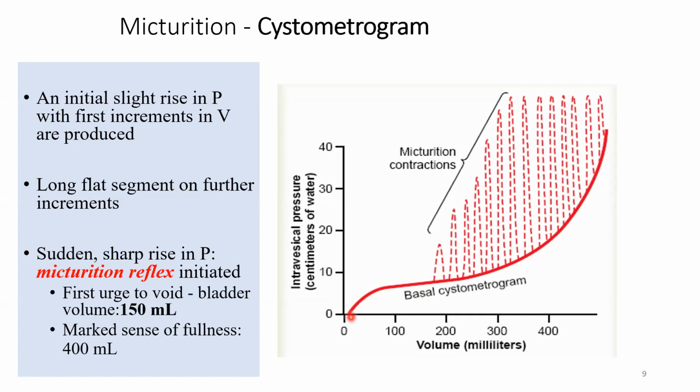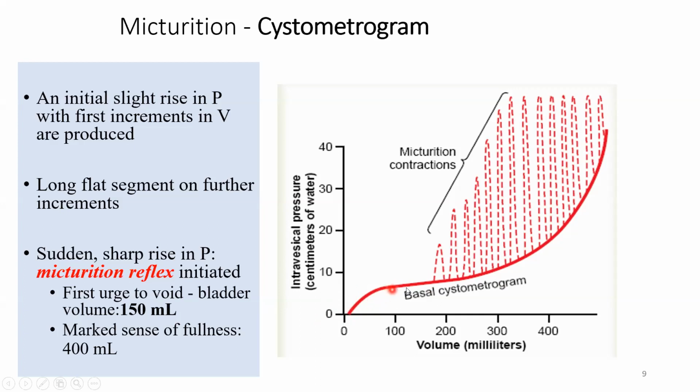So if you observe, you will see that there are three components to this basal cystometrogram. One is the initial bit, where the increase in volume led to some increase in the inside pressure.